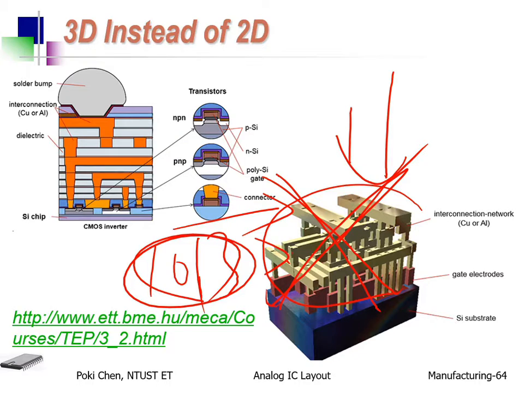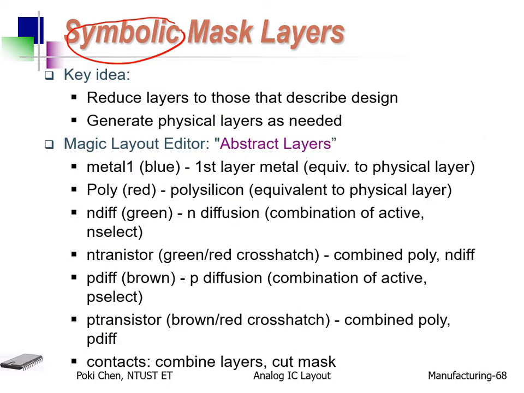So we need such symbolic layers. It means they are not real. They are only virtual, representative layers. So they are abstract, 抽象的. Why don't we have real layers? Sorry, I told you already. Many of the layers are made of the same material.